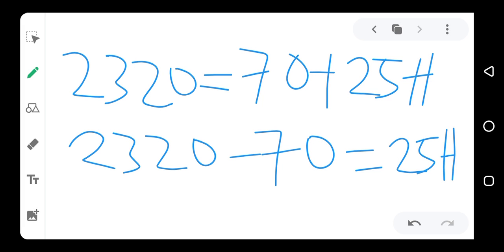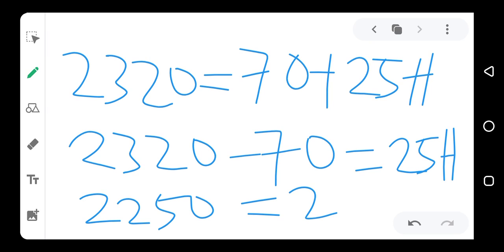So with this, we have that 2,250 is equal to 25H. That is 2,320 minus 70, which gives us 2,250 is equal to 25H.